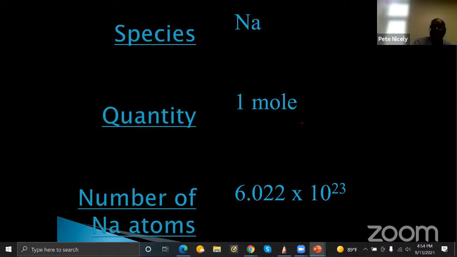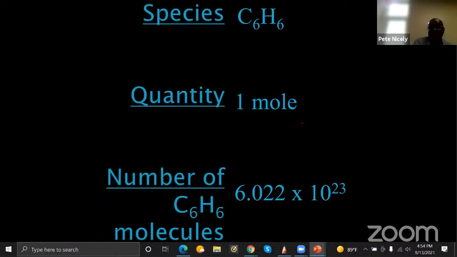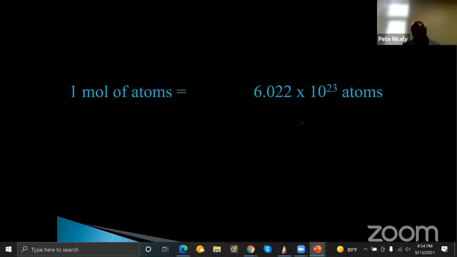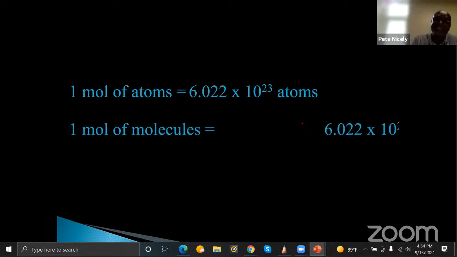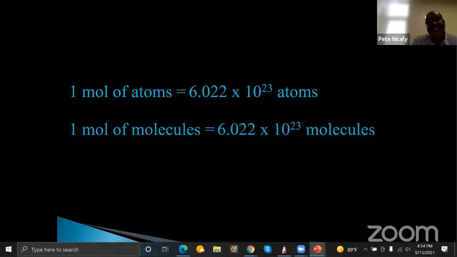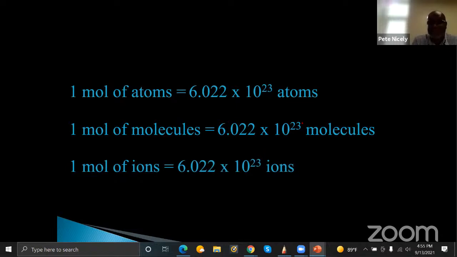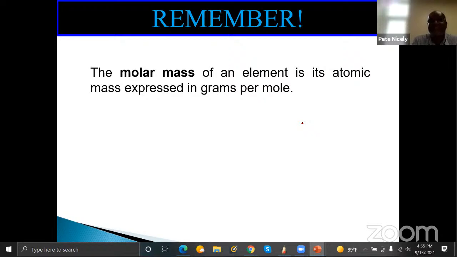Or in the case of sodium, 1 mole of sodium will contain the same number of sodium atoms. Same is true for iron. Same is true for a molecule like benzene, and so on and so forth. So 1 mole of atoms contains Avogadro's number of atoms. 1 mole of molecules contains Avogadro's number of molecules. 1 mole of ions contains Avogadro's number of ions. So 1 mole can apply to all of these particles, all right?